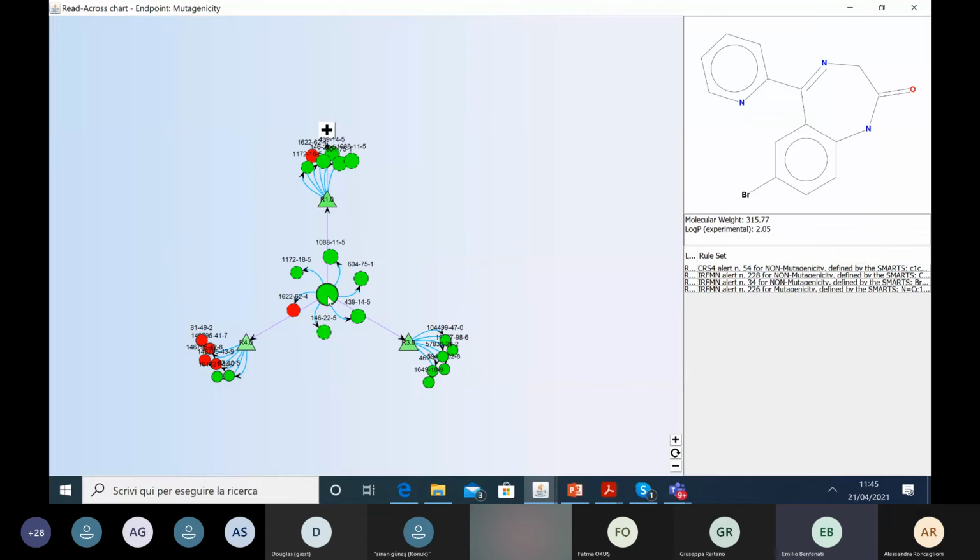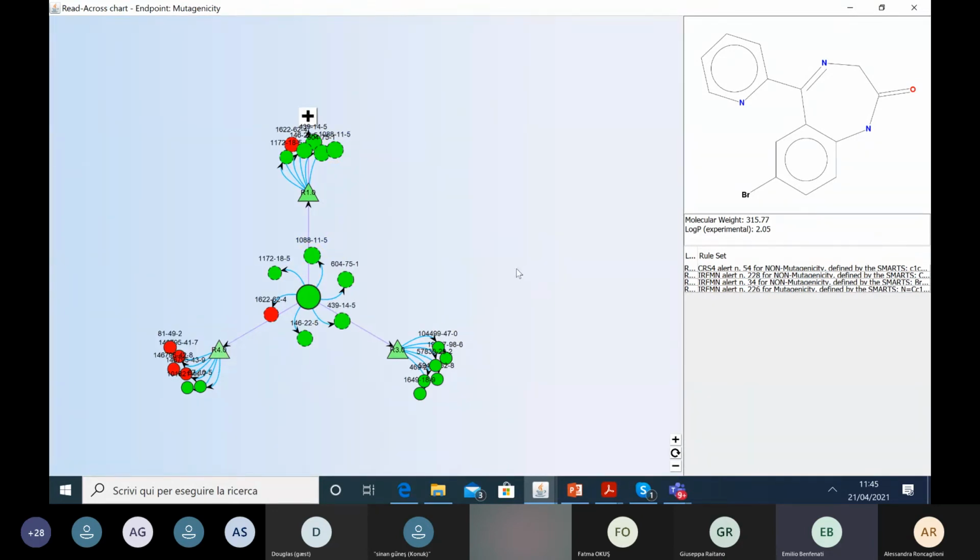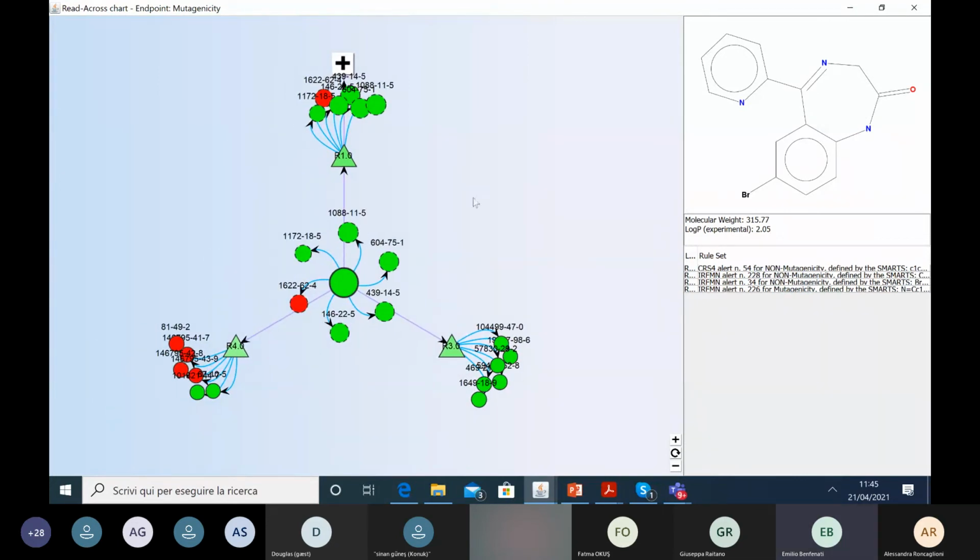If you click here, you get all the results from the VEGA models indicating lack of toxicity and all the assessment from the similar compounds. And basically what you can do in this case is to evaluate, there are no structural alerts for toxicity. Consider the most similar compounds which are toxic and see if this may represent a problem.